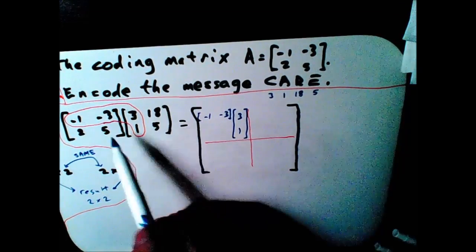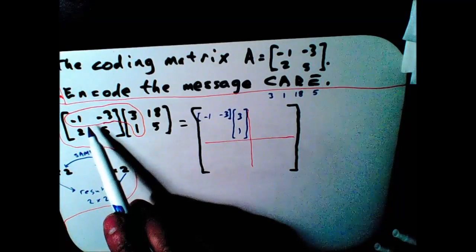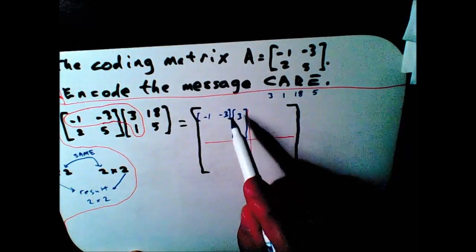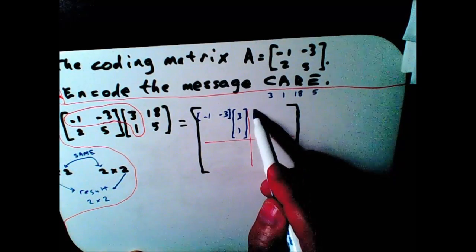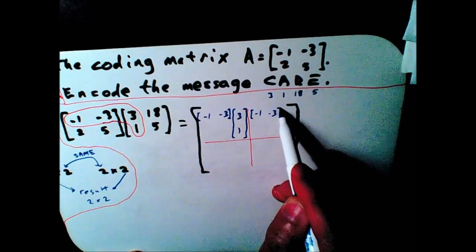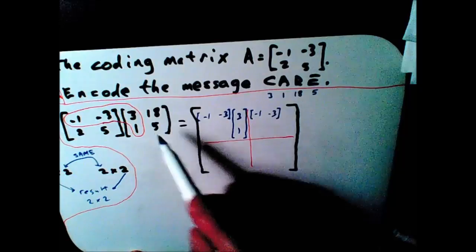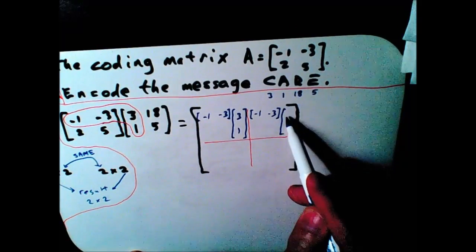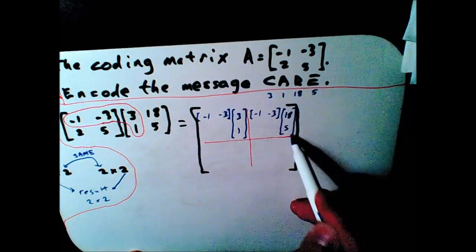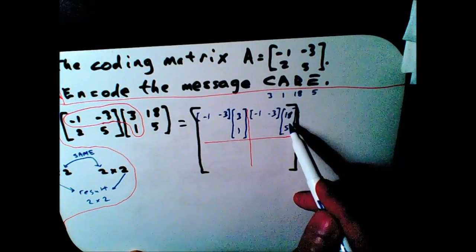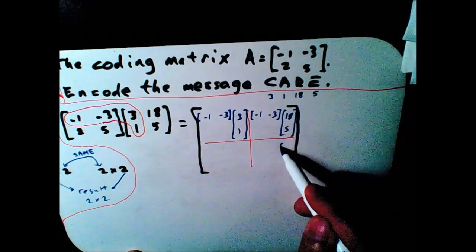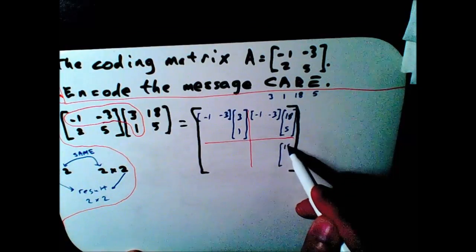We are also going to use this row matrix, -1, -3, for row 1, column 2. We're going to multiply that by the column matrix, this time 18, 5. 18, 5 will also be used for column 2, row 2. So let's write that down, 18, 5.